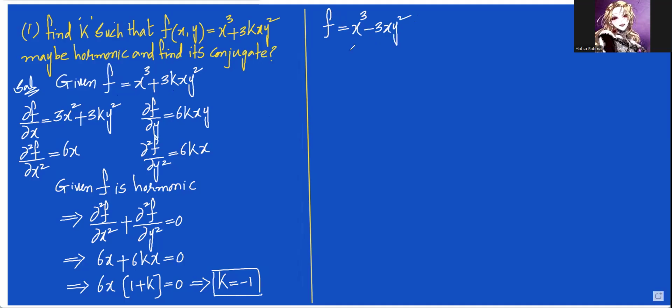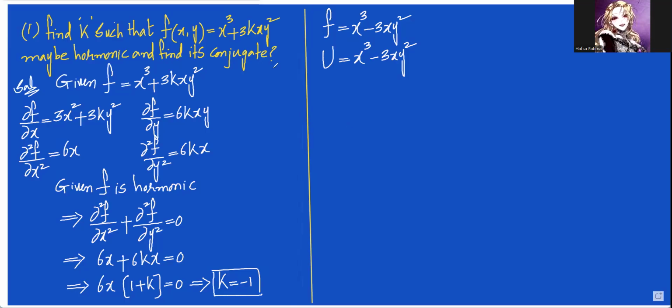For my convenience, I am going to call this one as u. U value is x cube minus 3xy square. Now I want to find out its complex conjugate, that means we will find out its v value. So v value means again construction of analytic function.